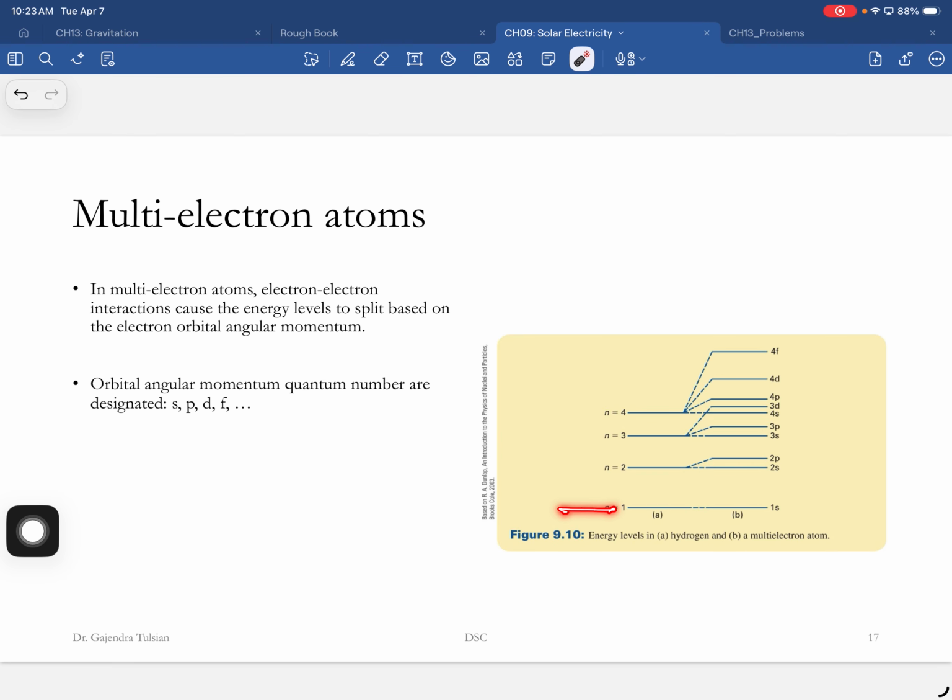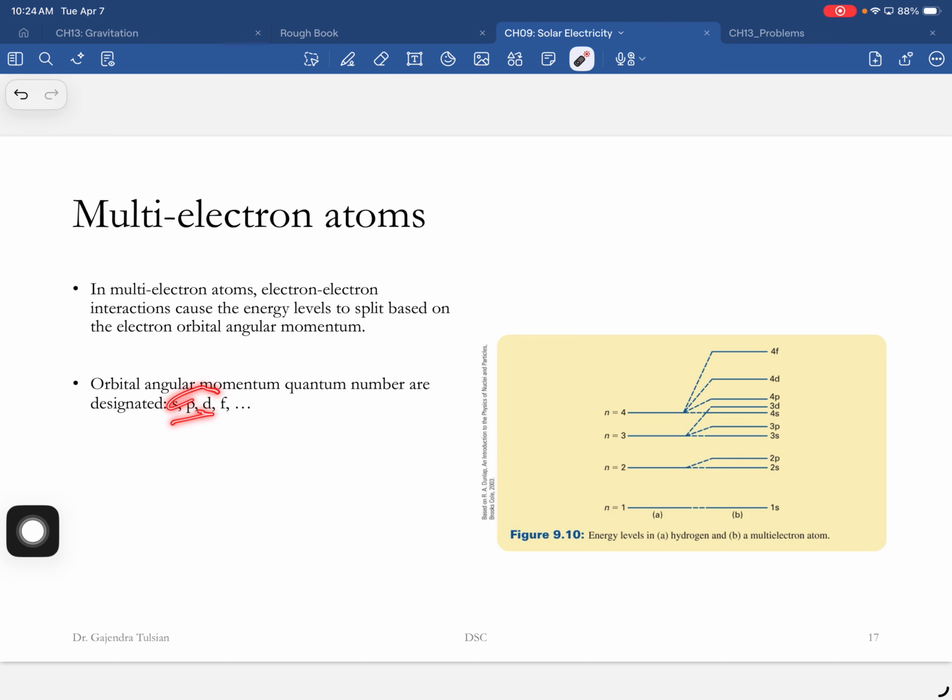In multi-electron atoms, electron-electron interaction causes the energy levels to be split based on the electron orbital angular momentum. Generally, if the electrons didn't repel each other, all those sublevels would have the same energy, depending only on n, but those levels get split up.